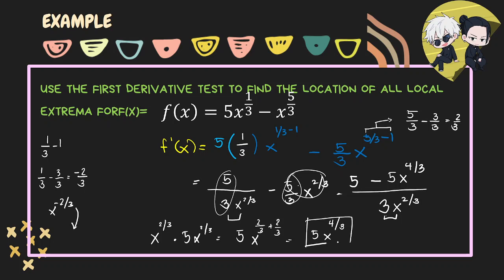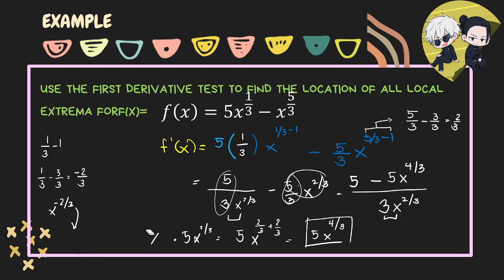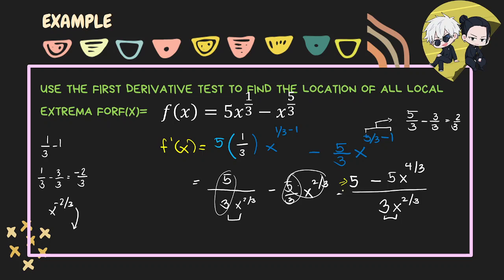So, ganito. Okay? So, let's derive. Let's continue simplifying this equation. Magkakaroon tayo, we can factor out 5 here. So, if we factor out 5, we will have 1 minus x raised to 4/3 over 3x raised to 2/3.